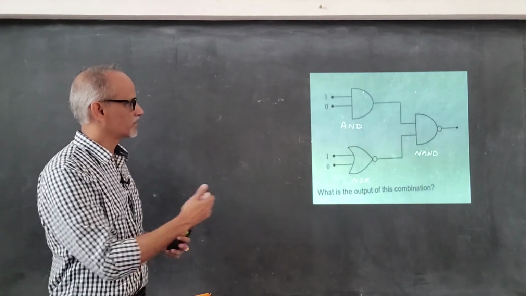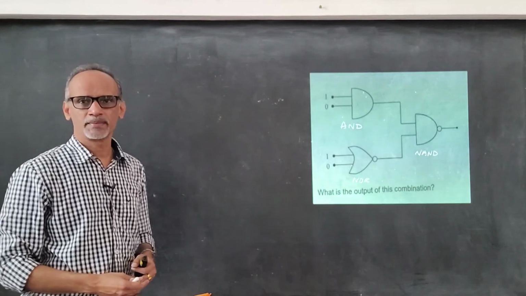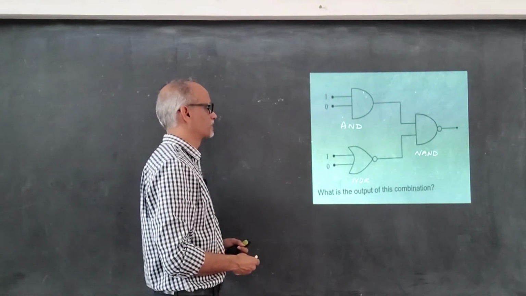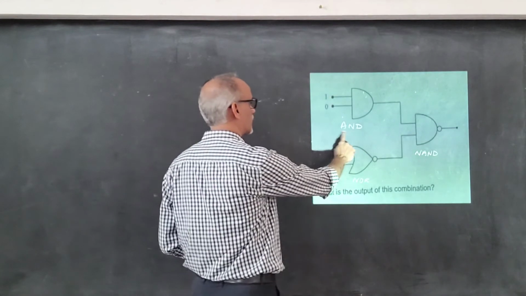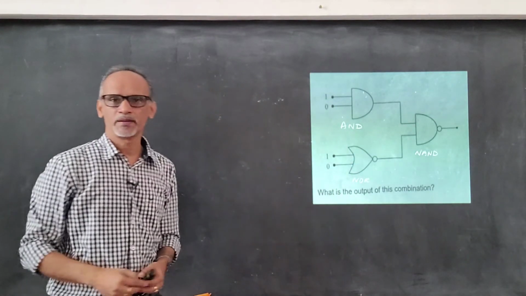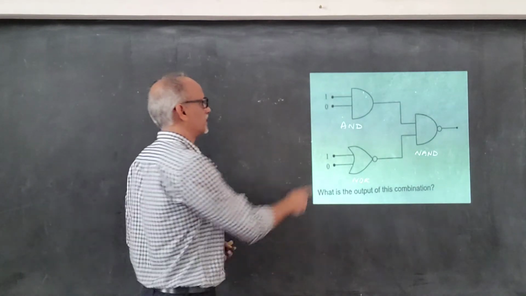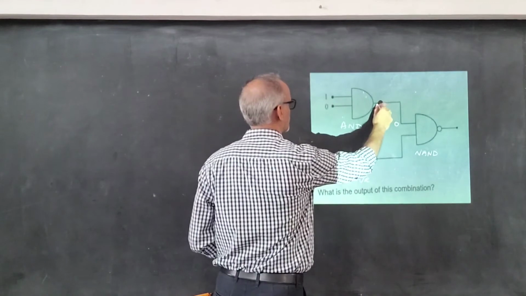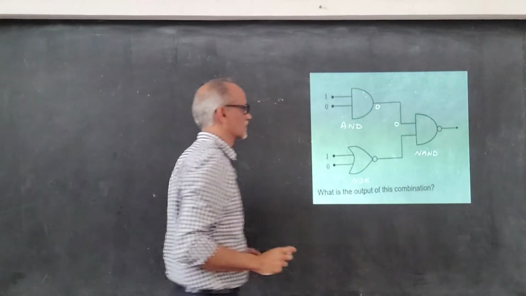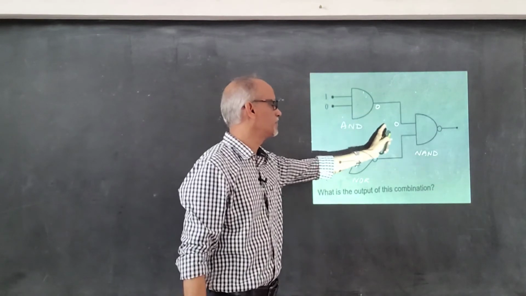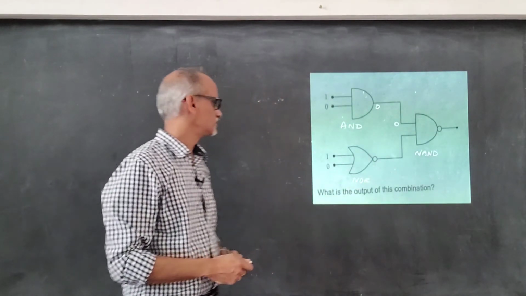So let's slowly write step by step the output of every gate. The AND gate performs a logical multiplication. So, multiply 1 into 0 is 0, the output of this is 0, and that 0 output of the AND gate is the input to the NAND gate.